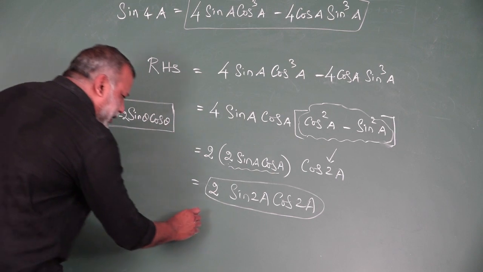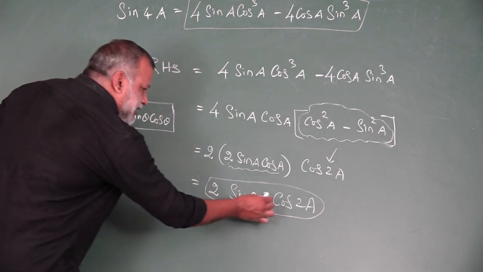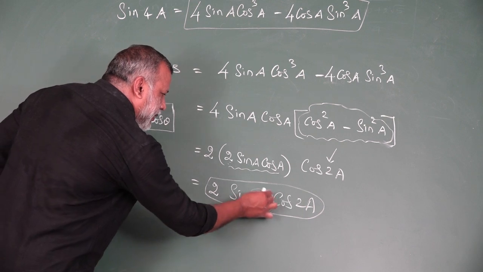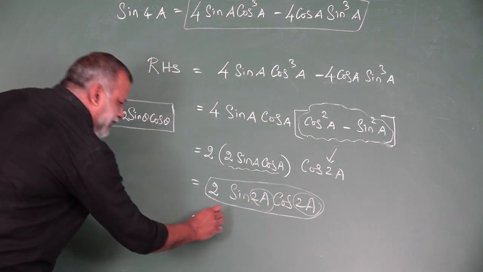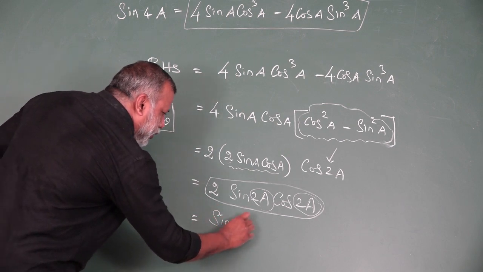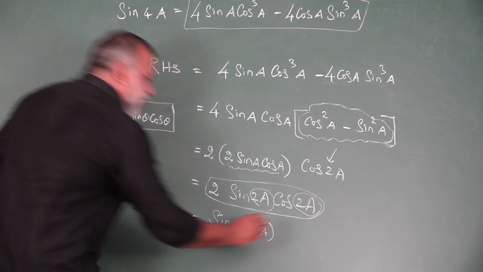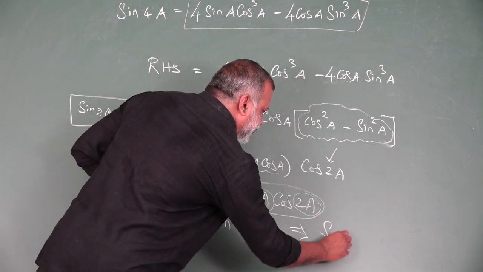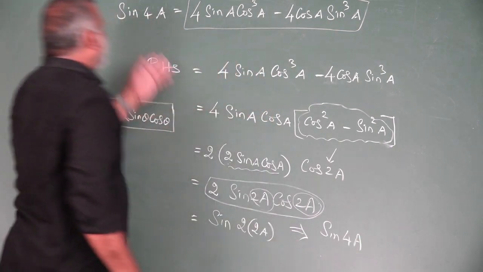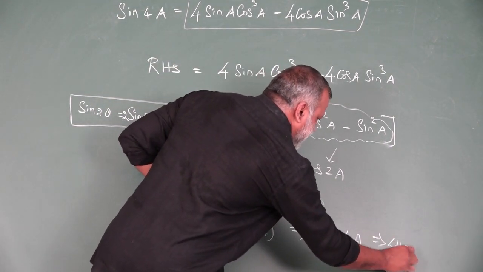In the same way, now listen, 2 sin 2A cos 2A. Consider this as theta, here also theta. Therefore it can be simplified as sin 2 times theta, where theta is replaced by 2A. So 2 times 2A is nothing but sin 4A. This is the proof of your required LHS.